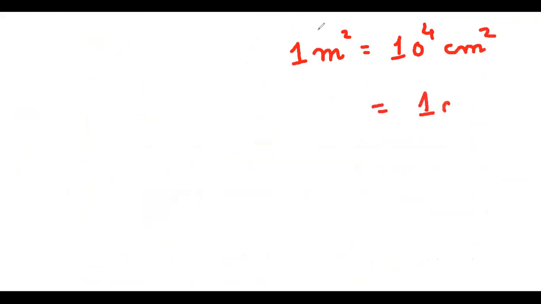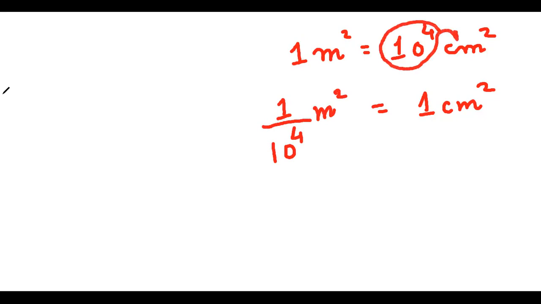So what will be 1 centimeter square? It will be 1 divided by 10 raised to power 4 meter square. 10 raised to power 4 was multiplied with centimeter square, and when it is taken on the left side, it will come in the denominator.